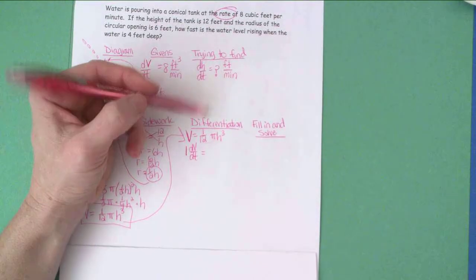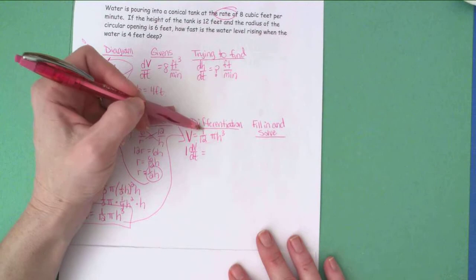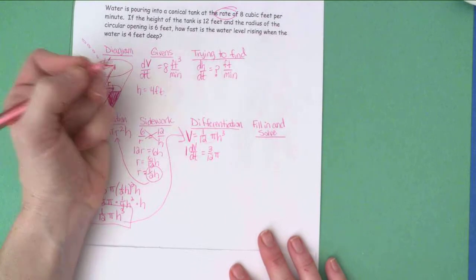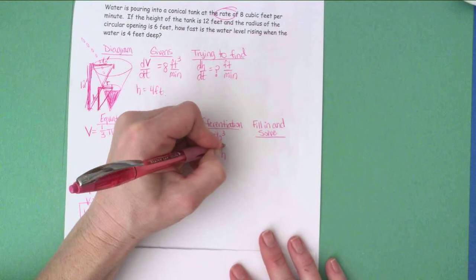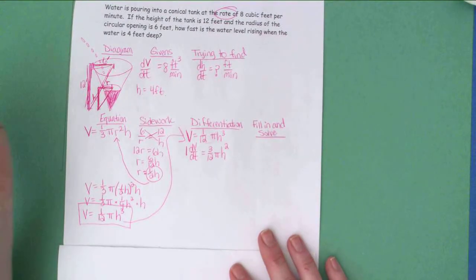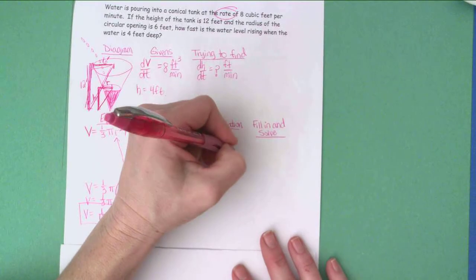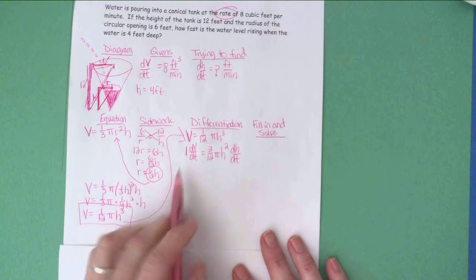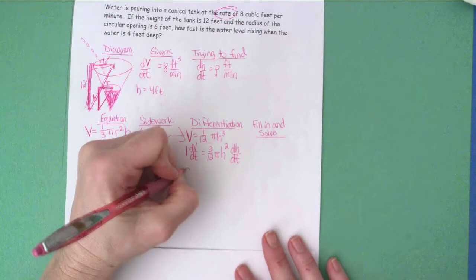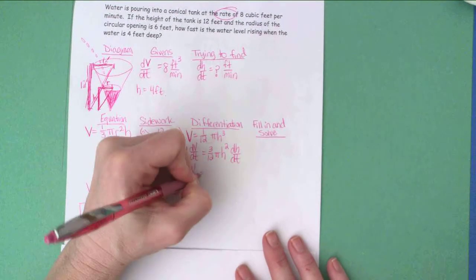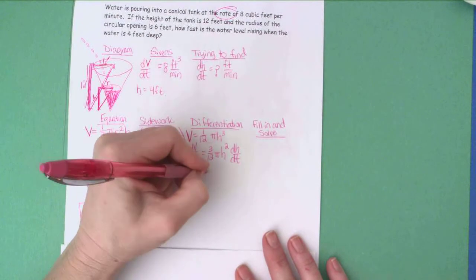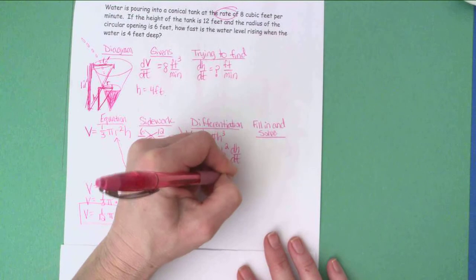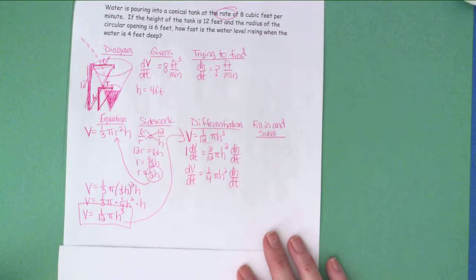So I'm going to take 3 times 1/12 pi, which will be 3/12 pi, reduce my exponent on the H by 1, so 3/12 pi H squared dH/dt. 1 times dV/dt is just dV/dt, and I can reduce 3/12 to 1/4 pi H squared dH/dt. That's about as nice as I can clean it up.